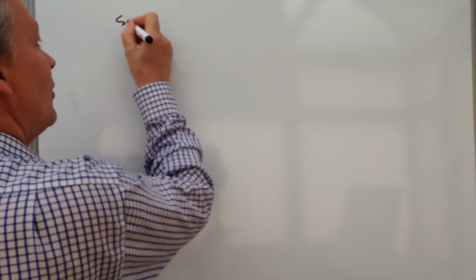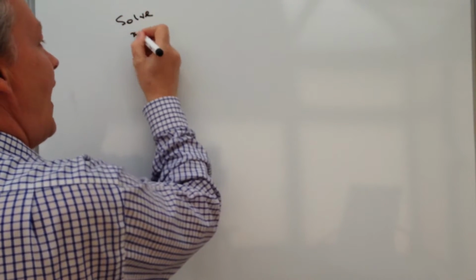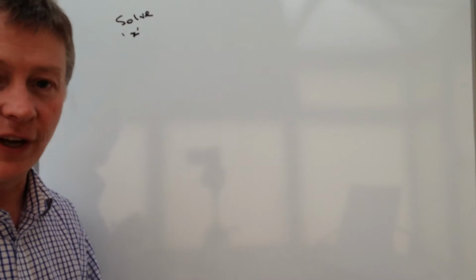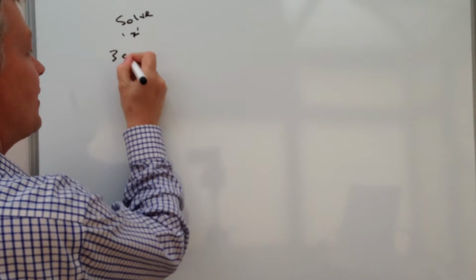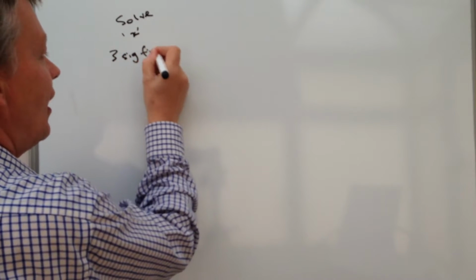Hi, I think this is the third video in the playlist on using the quadratic formula to solve quadratic equations. And really what we've said is that the way you would approach these type of questions is if it says solve, in other words, find the value of x, and they want you to do it to three significant figures.